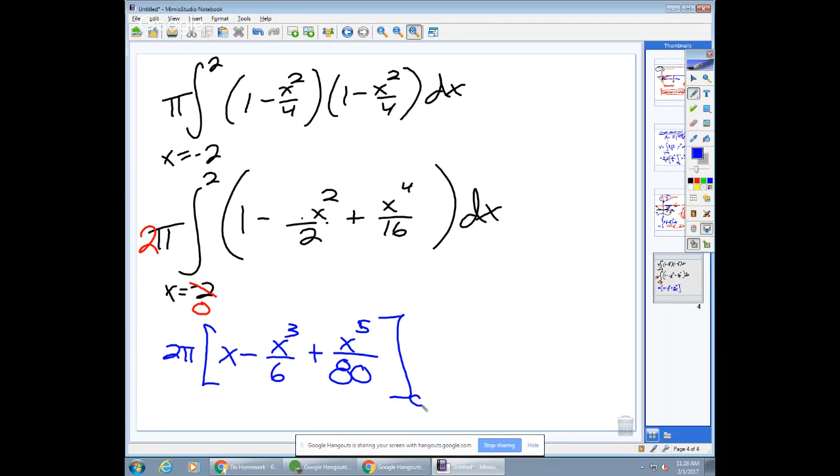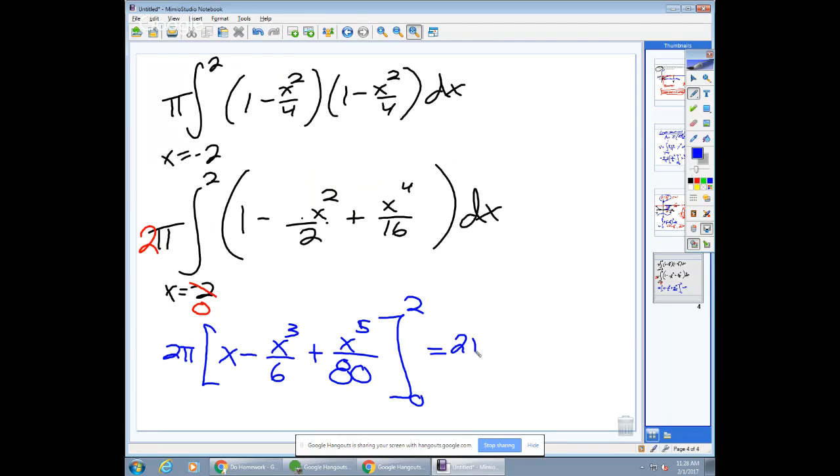And we get to evaluate that from 0 to 2. Does plugging in 0 make everything completely disappear from the minus part? Answer is yes. You should always really think about that just to make sure. Don't take it for granted. And then we just have to plug in our 2.